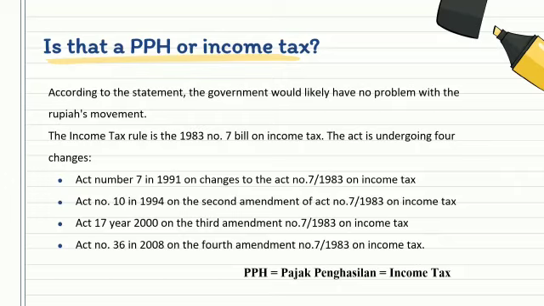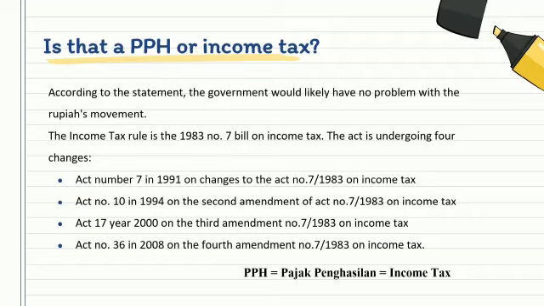The income tax rule is the 1983 Act number 7 on Income Tax. The act has undergone 4 changes. The first, Act number 7 in 1991 on changes to Act number 7/1983 on income tax. The second, Act number 10 in 1994 on the second amendment of Act number 7/1983.